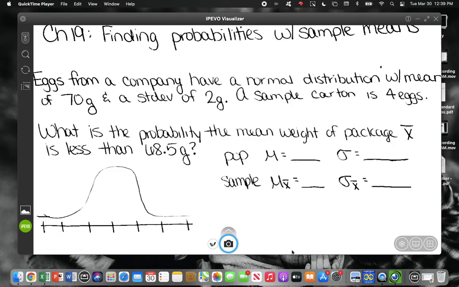All of the eggs from a company have a normal distribution with a mean of 70 and a standard deviation of 2. We are going to do a sample carton with 4 eggs, and we want to know the probability that the mean weight of the package is going to be less than 68.5 grams.